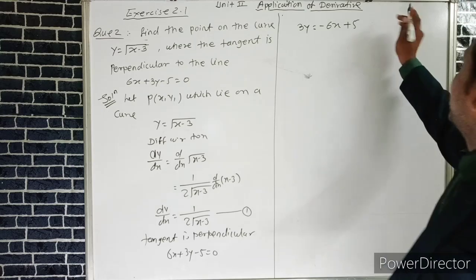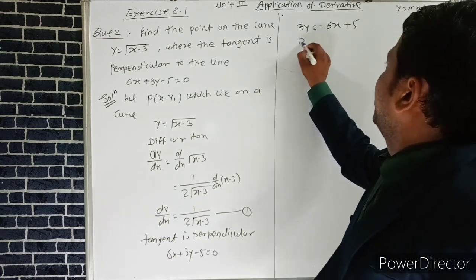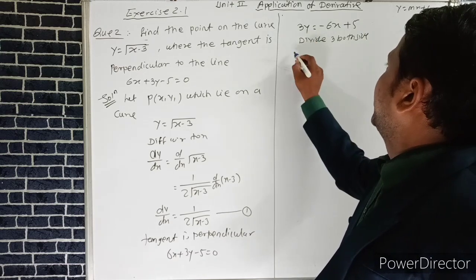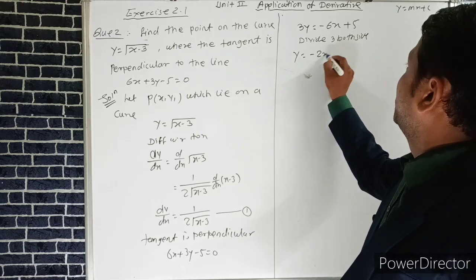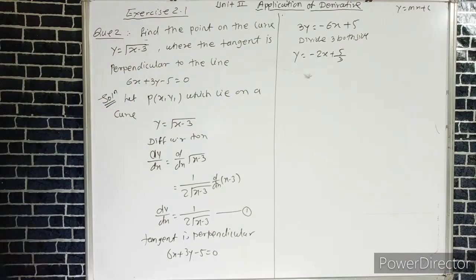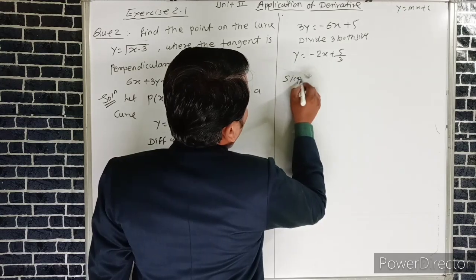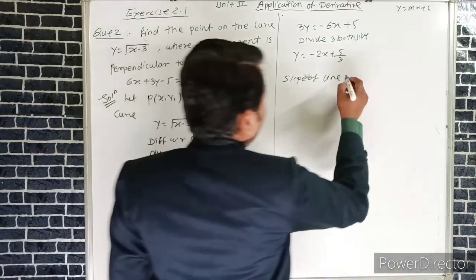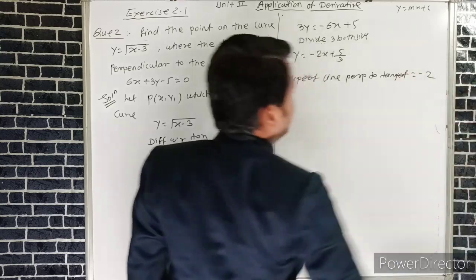Now the slope form is y equals mx plus c. If we divide by 3 on both sides, we can write 3 by 3 y equals minus 6 upon 3 x, which is minus 2x, plus 5 by 3. Hence by comparing with y equals mx plus c, we can write the slope of the line which is perpendicular to the tangent is equal to minus 2.